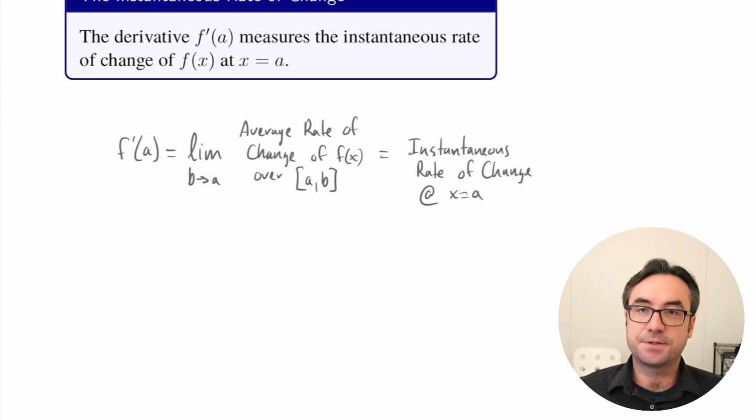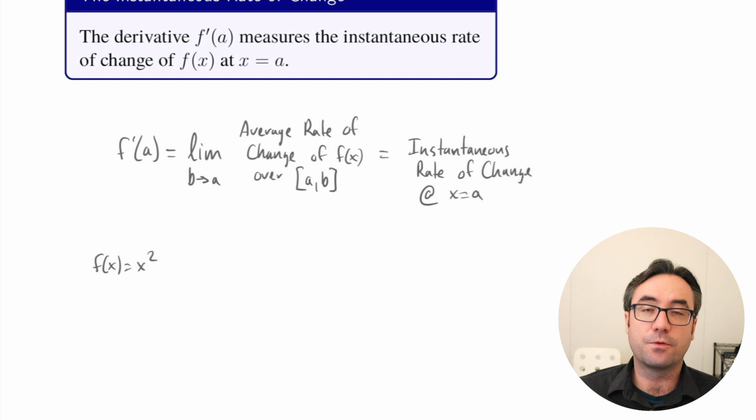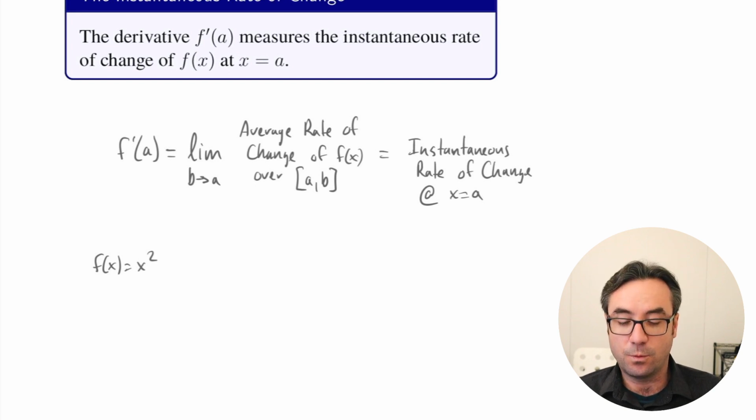So for instance, in the examples we were just looking at, we found that for the function f of x equal to x squared, over the x interval from 1 to 2, we found the average rate of change was 3.